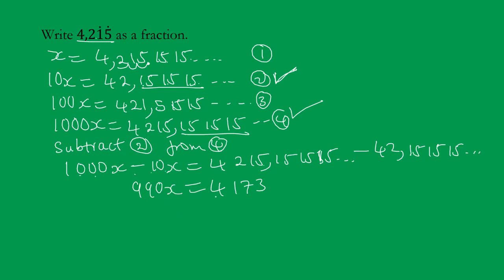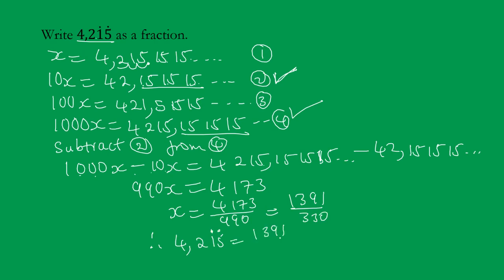So divide both sides by 990, becomes x is equal to 4,173 divided by 990, which is equal to 1391 over 330. So therefore 4,215 recurring is equal to 1391 over 330.